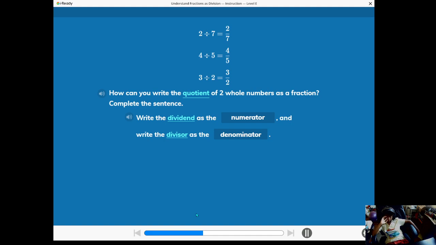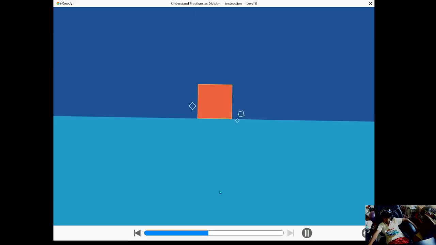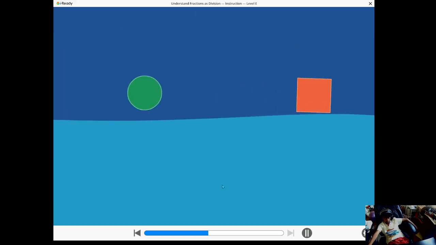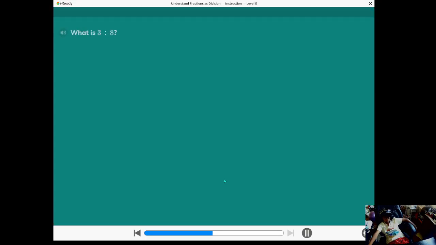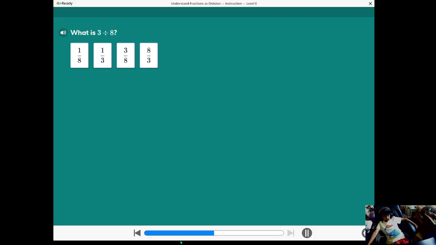Let's think about 2 divided by 7. You can write the dividend as the numerator and write the divisor as the denominator. What is 3 divided by 8? 3 divided by 8.